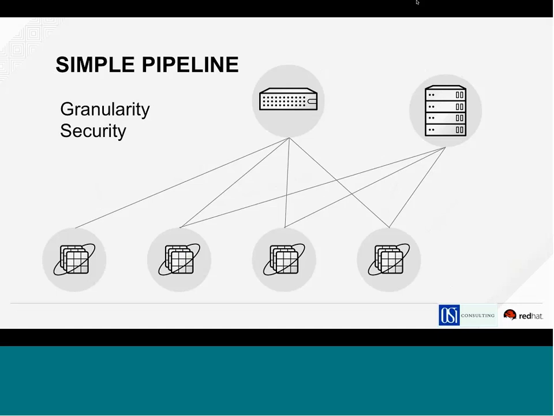The next view into it is, as I mentioned earlier, composable services, having a simple pipeline to help me deploy and secure the services that I have available. That's where JBoss Fuse comes into play, either at a granular level or at a more highly composable level of chaining microservices together.